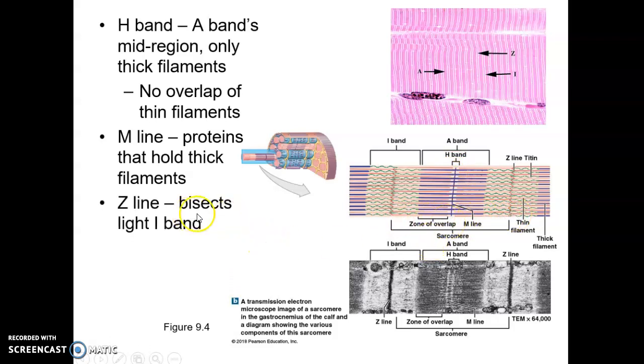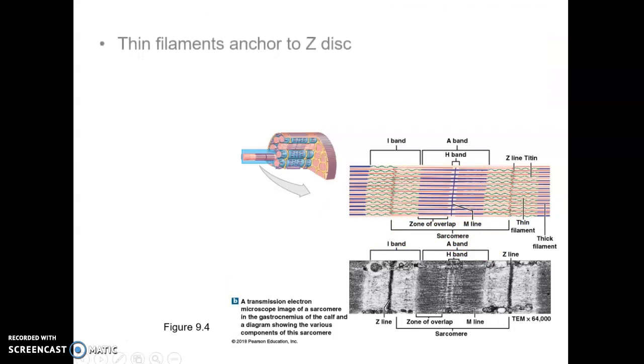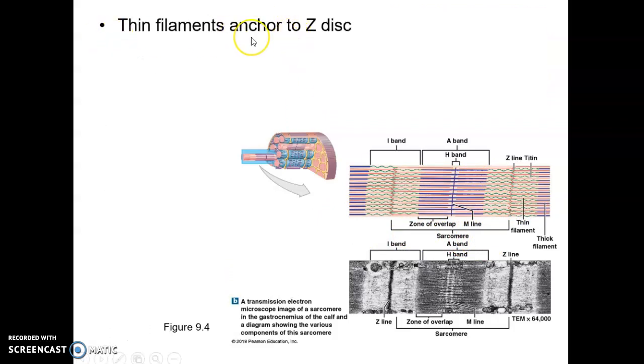And then the Z line here and here bisects right down the middle of the I band, and that demarks, or that's the boundary from one sarcomere to the next. Okay? Z line to the next Z line is one sarcomere. So the thin filaments are anchored to the Z discs, that's another name for Z line. So Z line is also called the Z disc sometimes, but the thin filaments are bound to that.